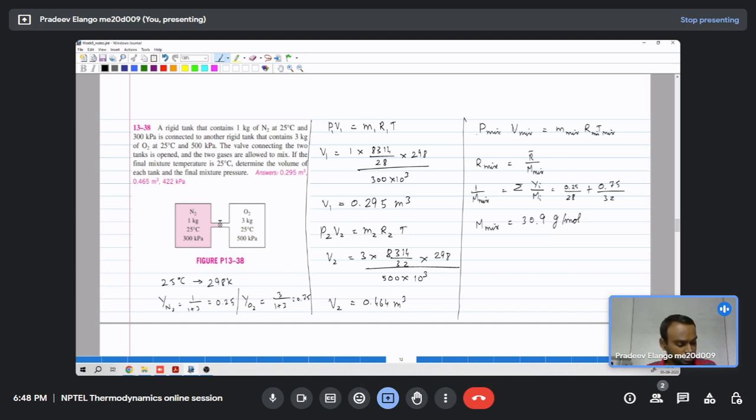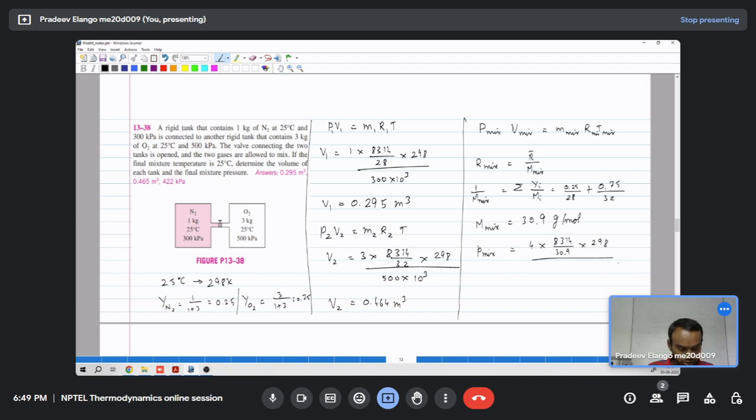Now if we substitute in this equation, P mix is what we have to calculate. So P mix equal to mass of the mixture, totally 4 kg, 1 kg of nitrogen and 3 kg of oxygen, so that is 4 into R, the universal gas constant by molecular weight, so that is 8314 divided by 30.9, into temperature of the mixture, 25 degrees Celsius, that is 298 Kelvin, divided by the volume of the mixture.